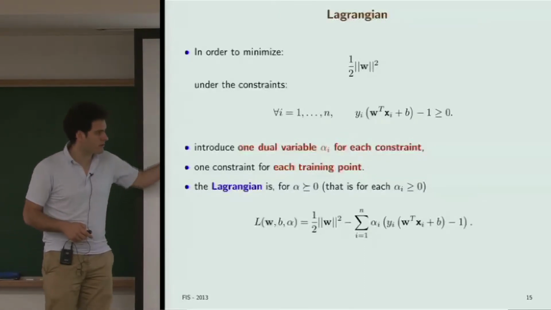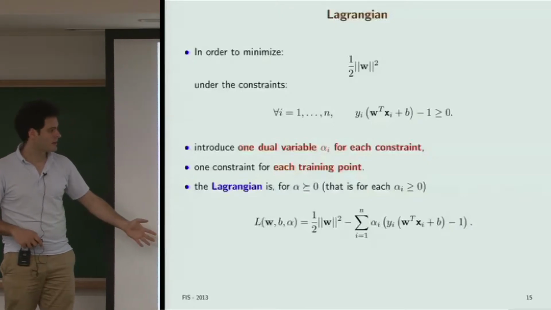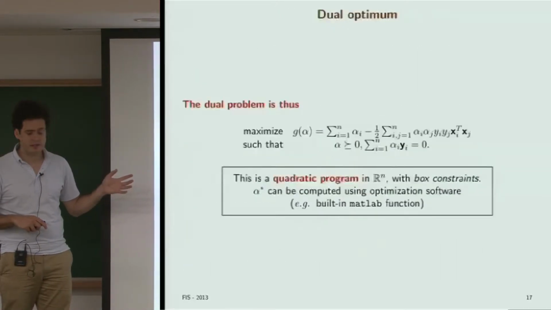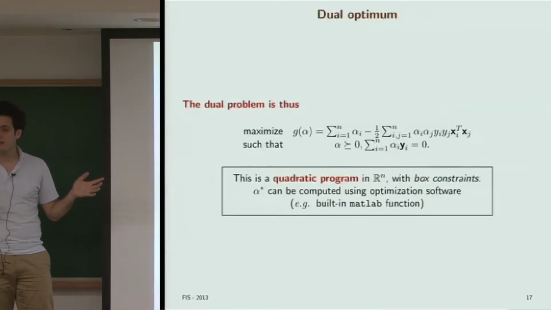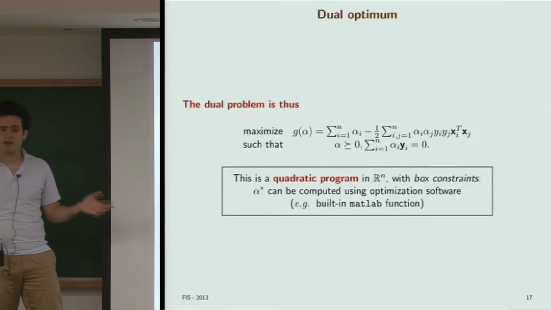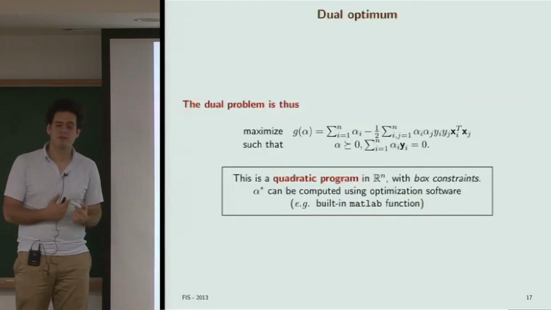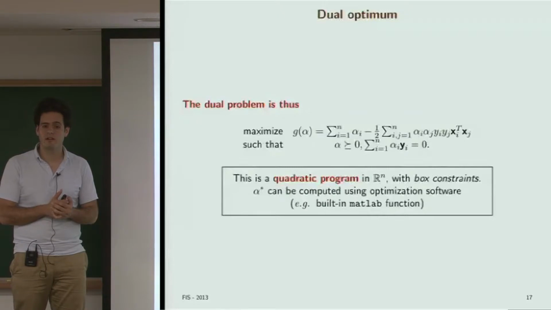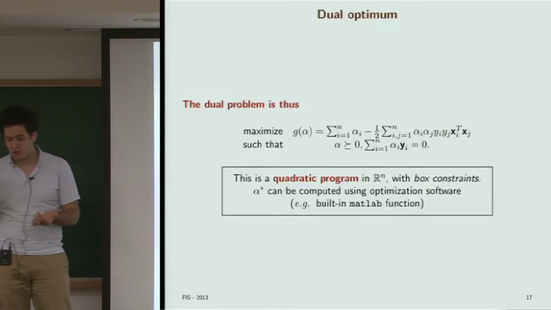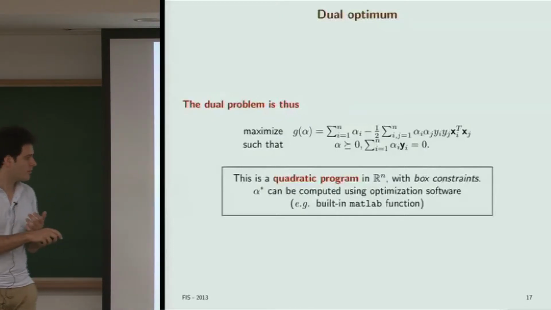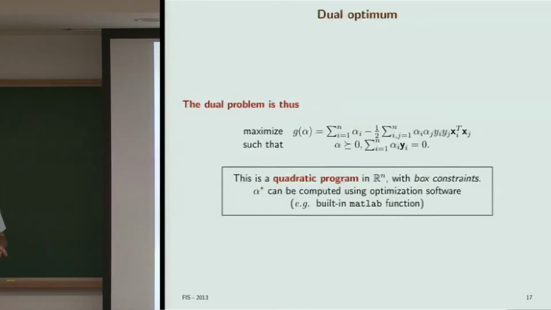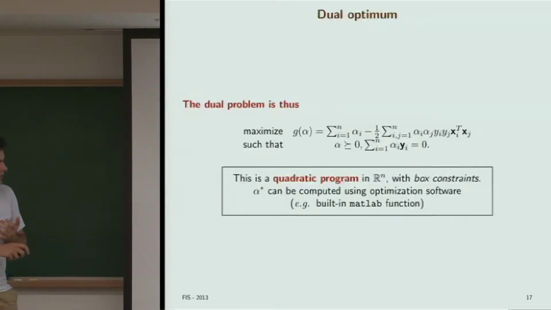Here, the big difference by using duality is that we end up solving a problem which has n variables. So we have as many variables as we have training points.